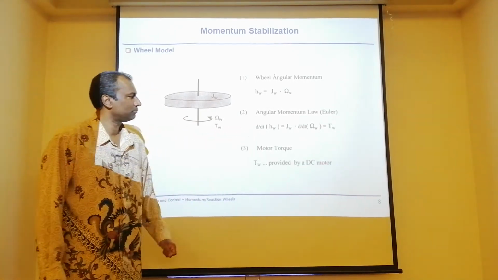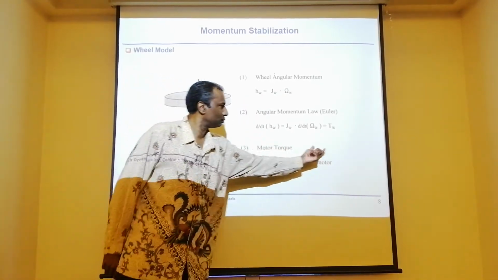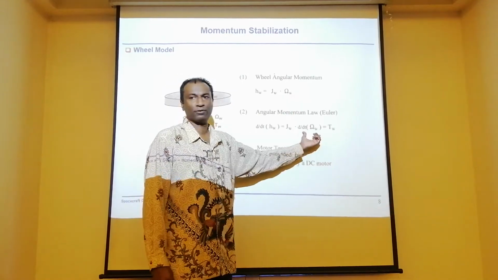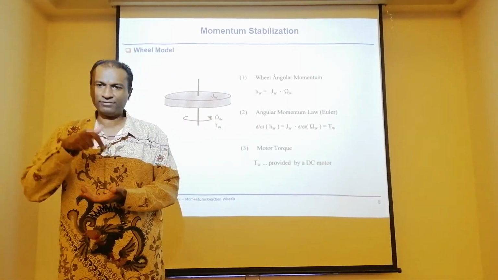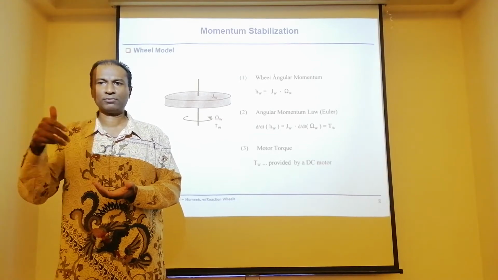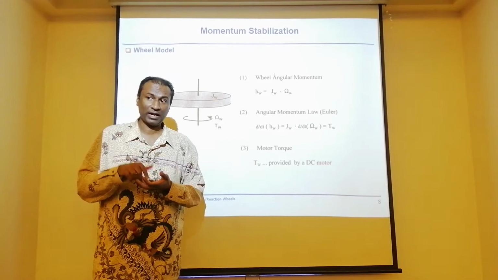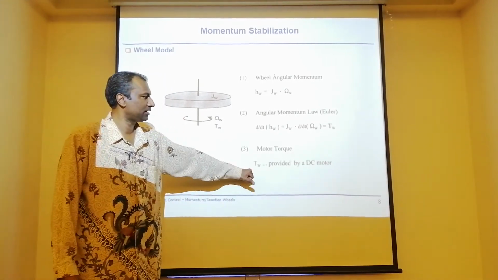The angular momentum law says that when I change this angular momentum, I get a torque. How do I change it? I change the velocity of the wheel. If I keep accelerating, I get torque. More speed change produces more torque. But if I have a constant speed, I would not have any torque.